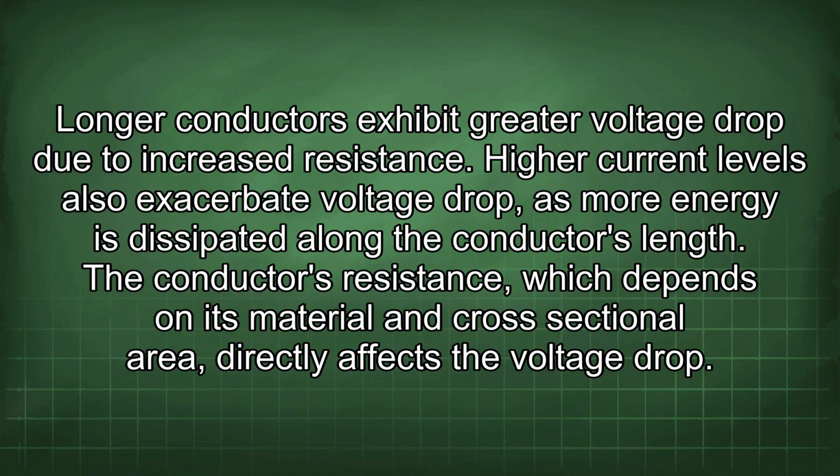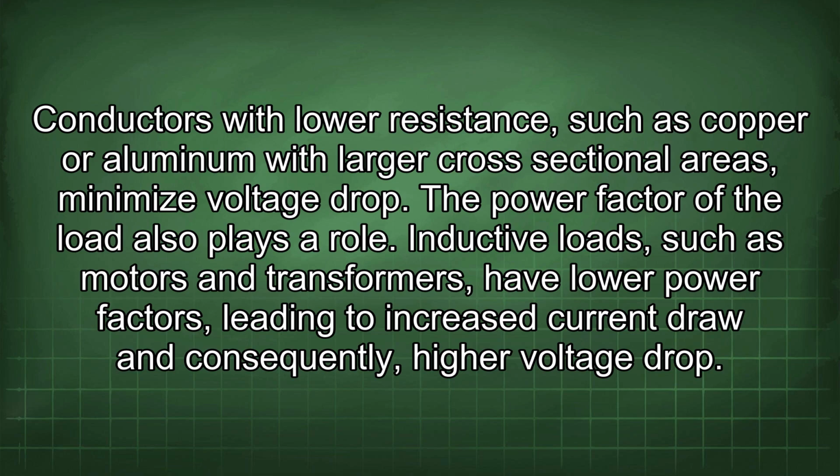The conductor's resistance, which depends on its material and cross-sectional area, directly affects the voltage drop. Conductors with lower resistance, such as copper or aluminum with larger cross-sectional areas, minimize voltage drop. The power factor of the load also plays a role. Inductive loads, such as motors and transformers, have lower power factors, leading to increased current draw and consequently, higher voltage drop.